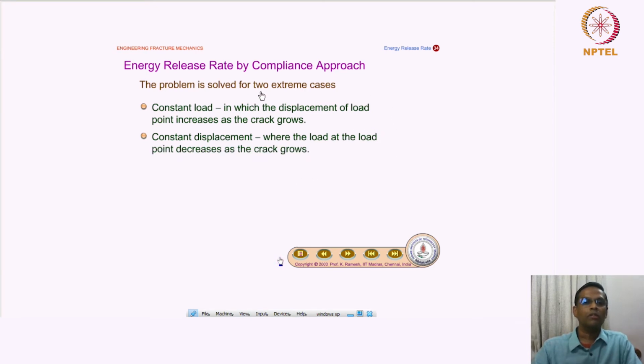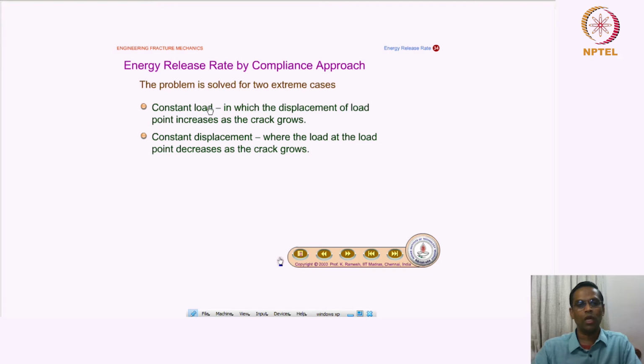The problem is solved for two extreme cases. One is constant load, in which the displacement of the load point increases as the crack grows, and the other is constant displacement, where the load at the load point decreases as the crack grows.